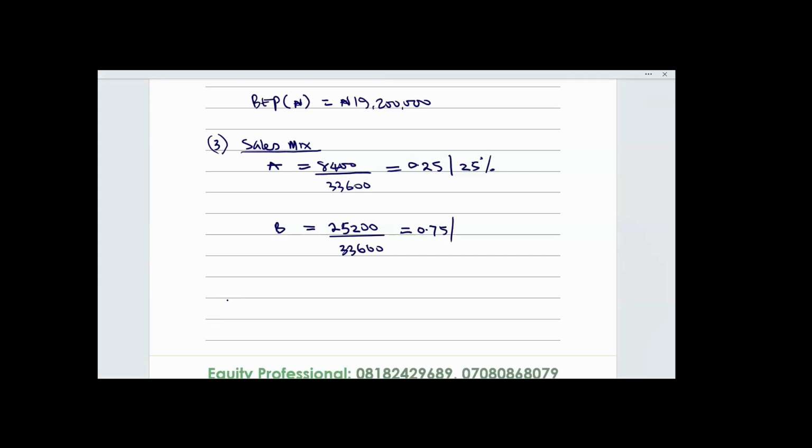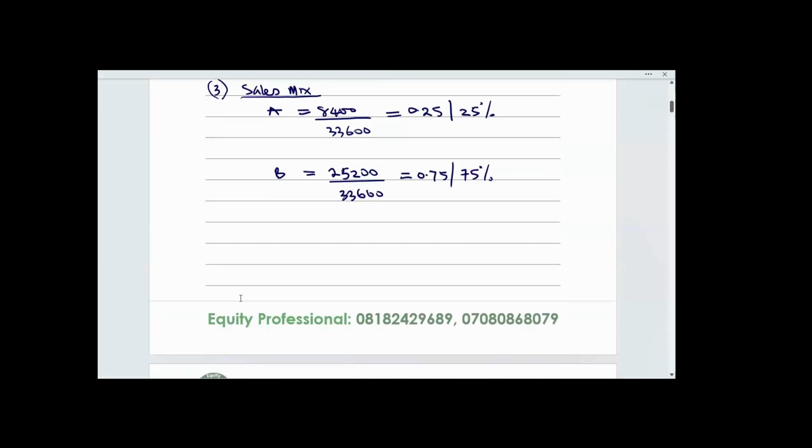So sales mix of product B is 75%. All right. Then step 4, you are supposed to calculate break-even points in Naira for each product by multiplying the sales mix with the overall break-even point in Naira.